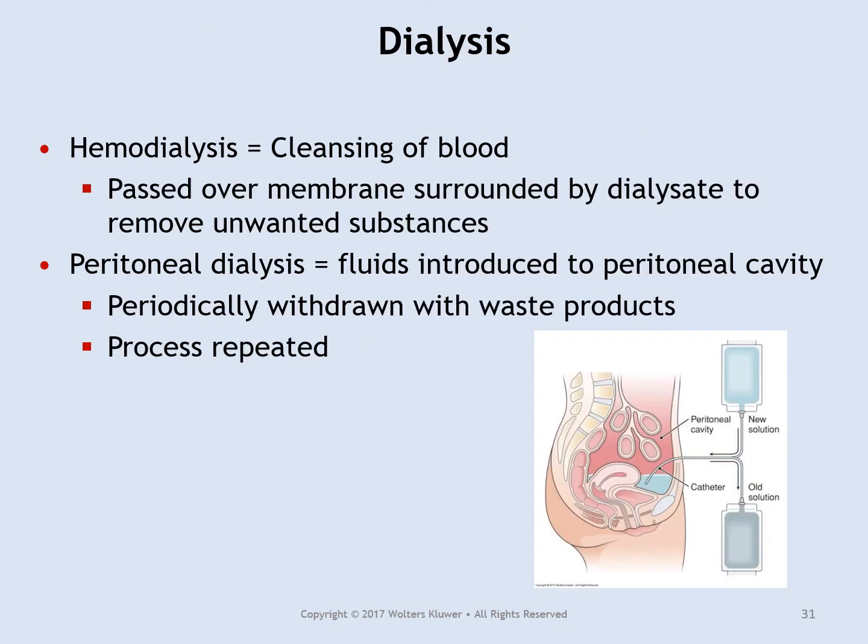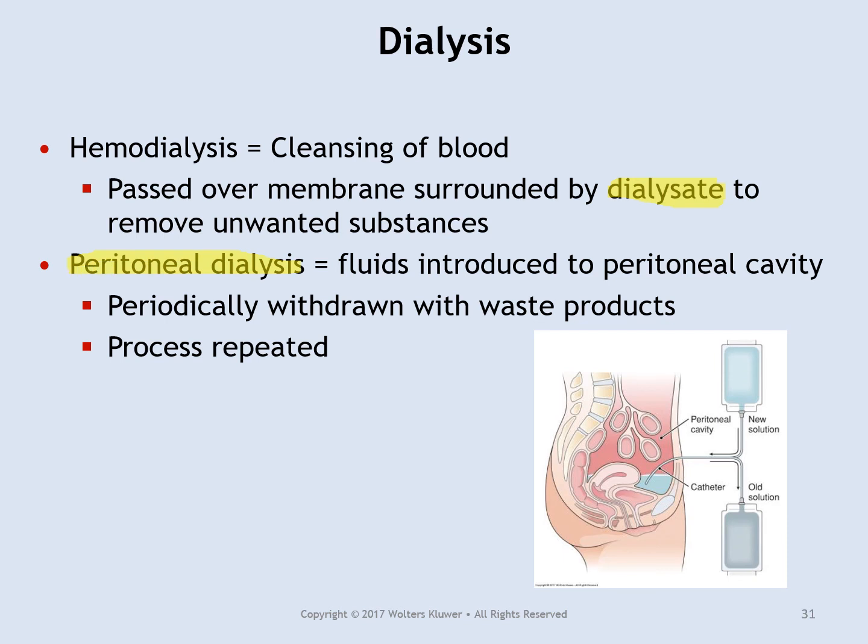So dialysis is cleansing of blood, and the blood is passed over a membrane that is surrounded by what's called a dialysate. That's something that will pull the toxins out of the blood. You can pass the blood externally, or you can do peritoneal dialysis, actually inside the body cavity.